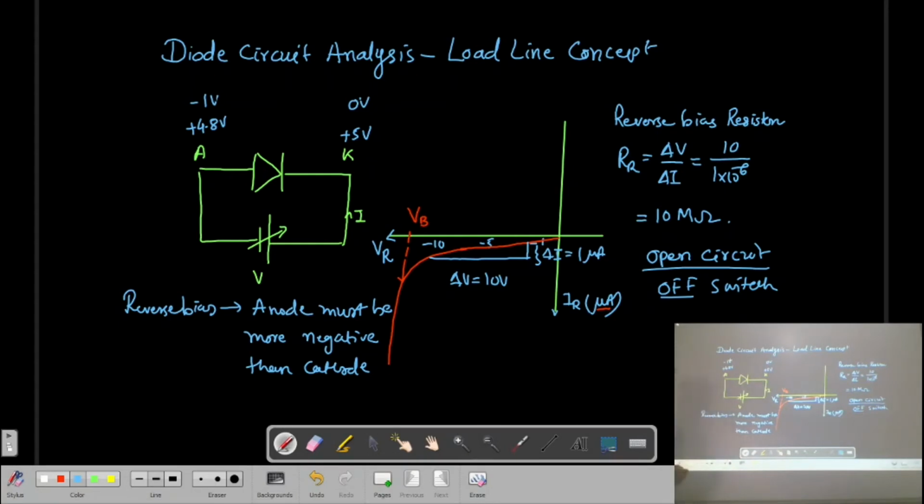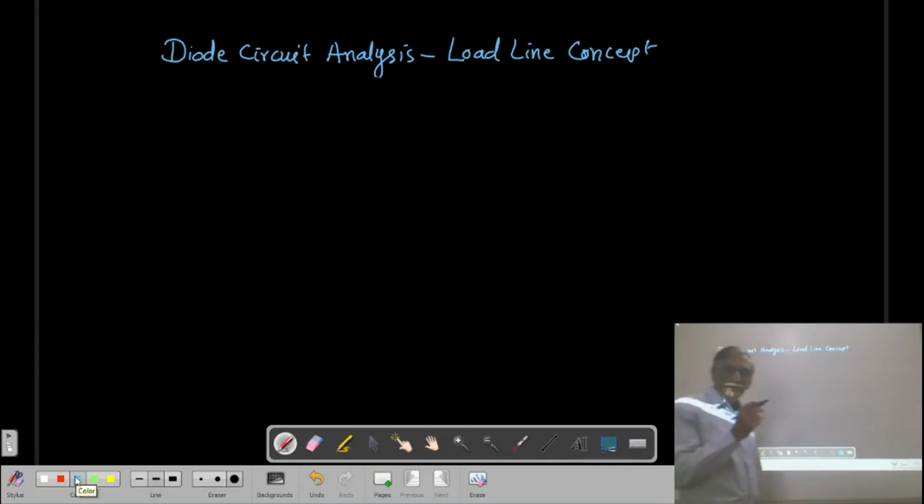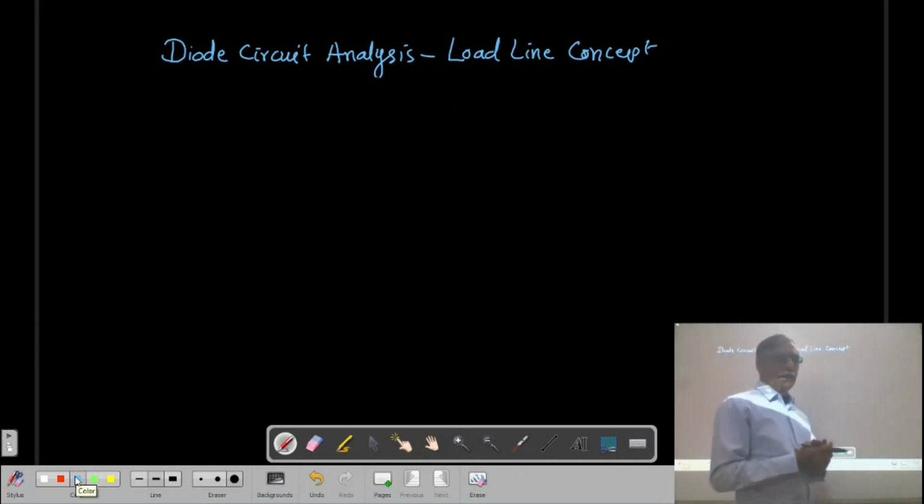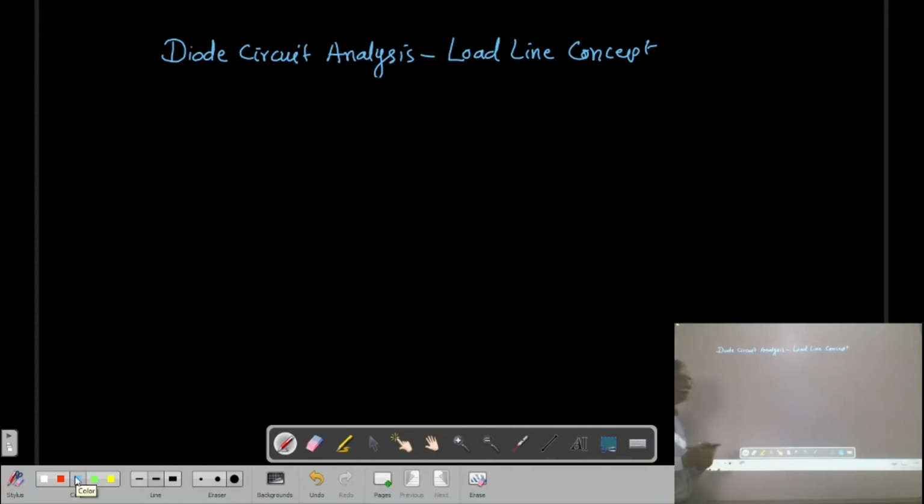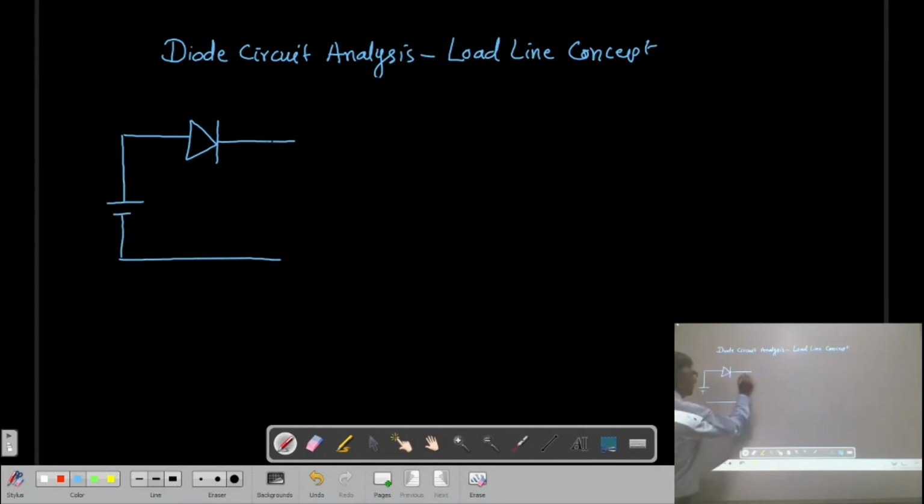What is the load line concept? Remember, let us have one simple circuit where a battery and a resistance are connected with the PN junction. This is RL. Let us say my applied voltage V is equal to 1 volt and RL is 100 ohm.